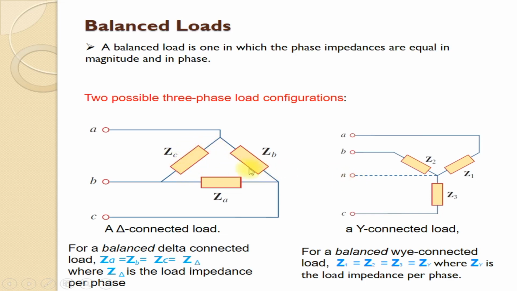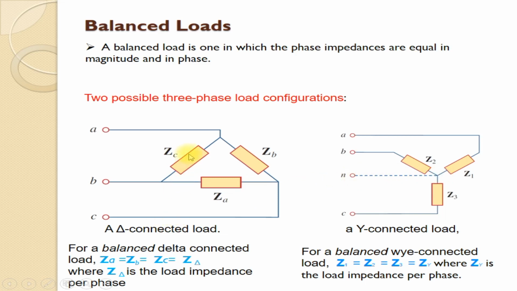In case of a delta connected load, you have only three terminals which can be connected to the system. But in case of a star connected system, it is possible to have four terminals A, B and C, and the fourth one, which is taken from the common point of the impedances, is termed as the neutral connection.